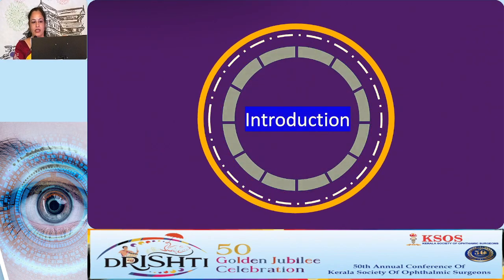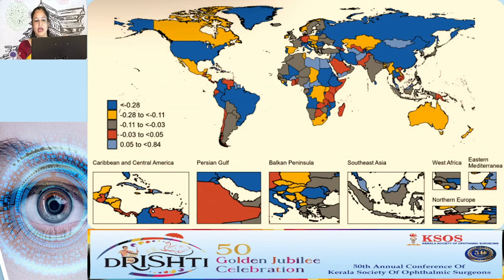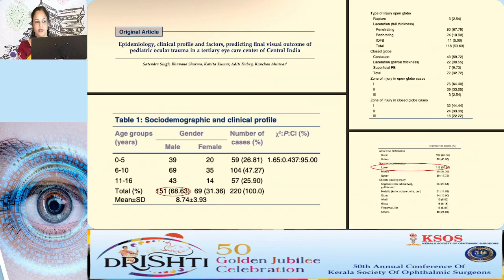Whenever a child comes with pediatric trauma, we know that it's one of the leading causes of non-congenital monocular blindness in children. Eye trauma constitutes 7% of all bodily injuries and 10 to 15% of all eye diseases. This is the incidence which you see, and India is somewhere in this range.